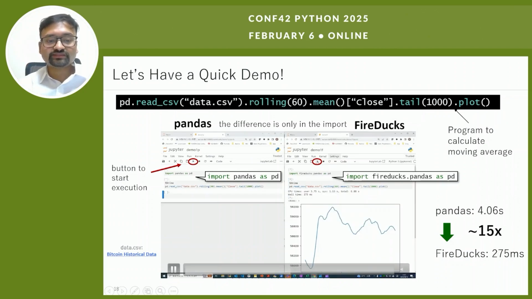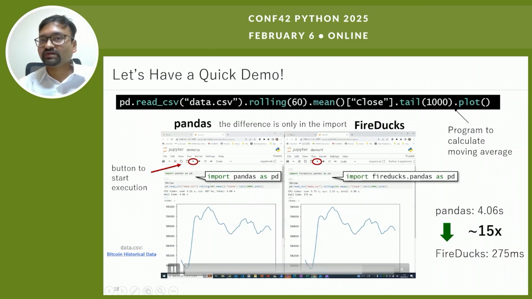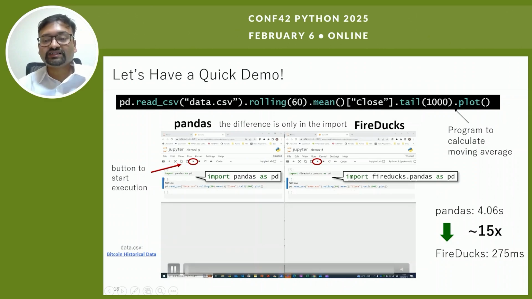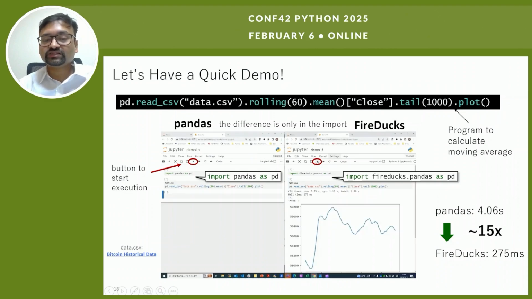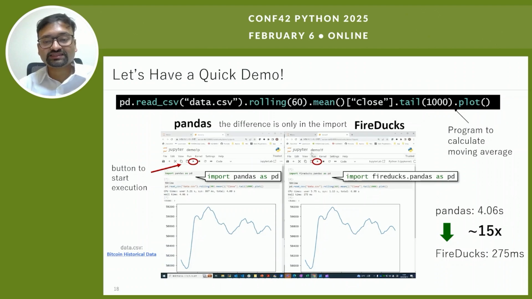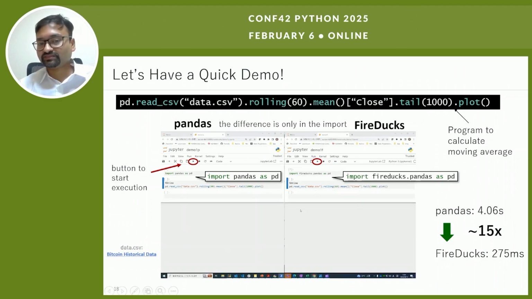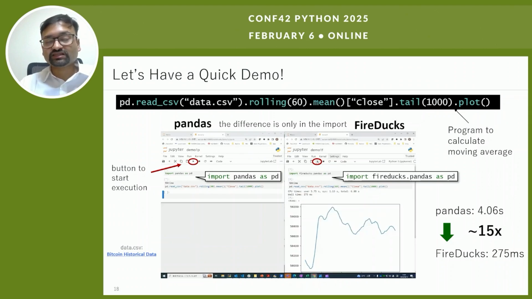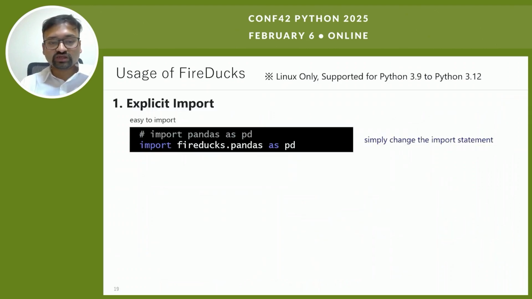The only difference is the import: the left side imports pandas and the right side imports fireducks.pandas. That is the only change. But in the execution time, pandas takes around 4.06 seconds, whereas FireDucks completes it within 275 milliseconds. So with this simple code, no modification, you can experience 15 times speedup. That is a quick demo. I'll be talking about another demo in upcoming slides.